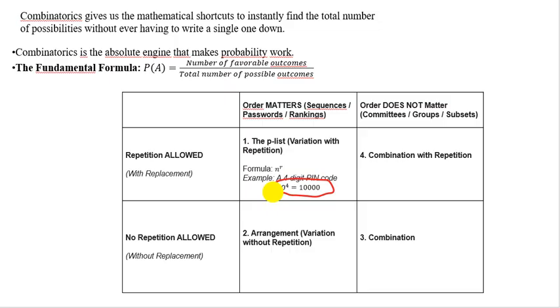So it is 10, which is our n, the available numbers from 0 to 9, power 4, which is r. R here is 4, the number of digits in our code. So 10 power 4, we have 10,000 ways to do this.